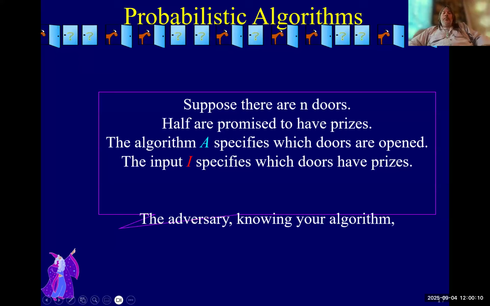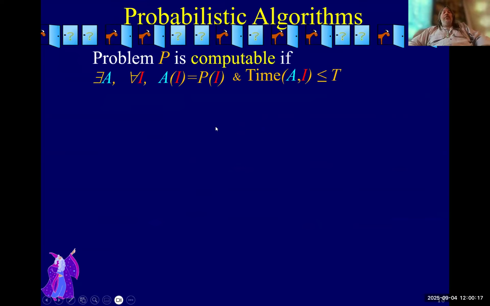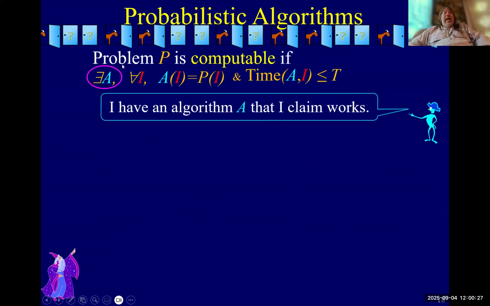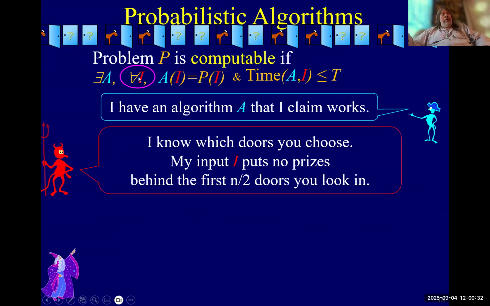So when we're doing worst case input, the adversary knows the algorithm when it comes up with the input, right? We were saying you give me a fixed algorithm, and then the adversary comes up with an input, right?